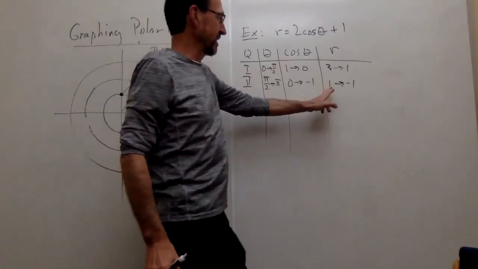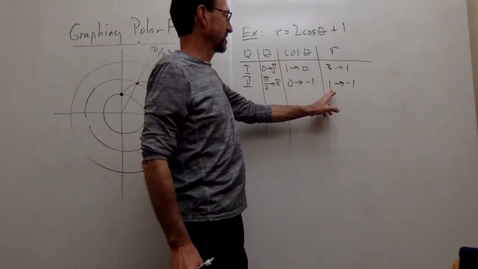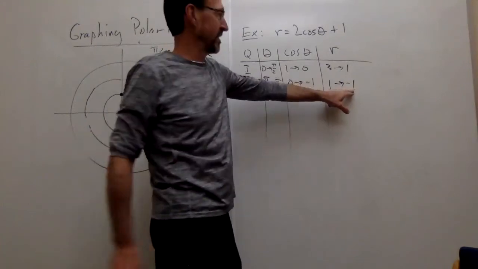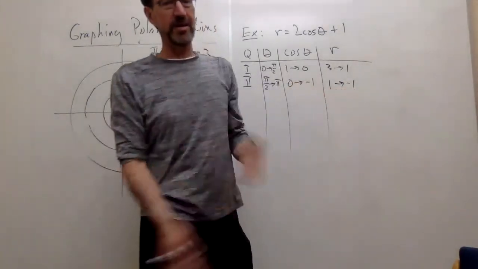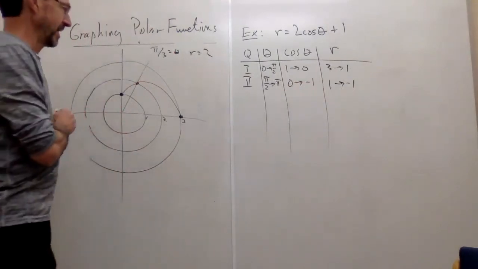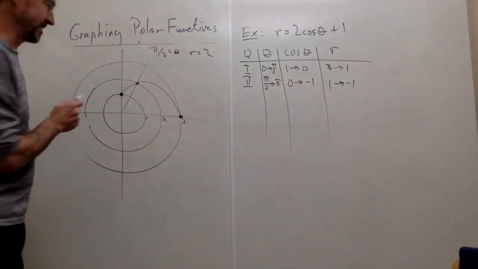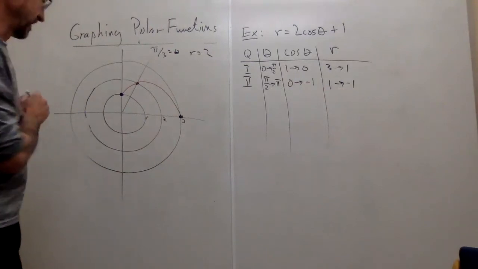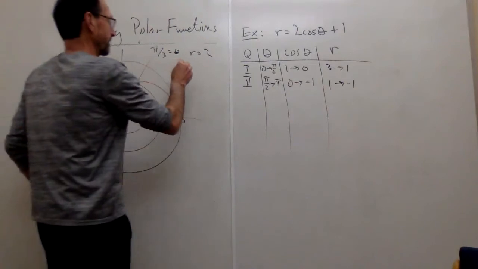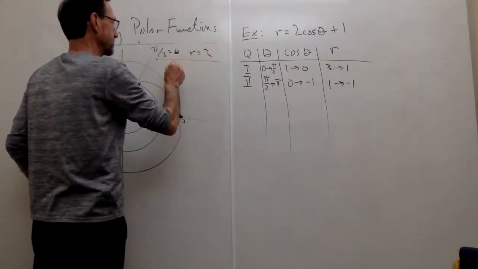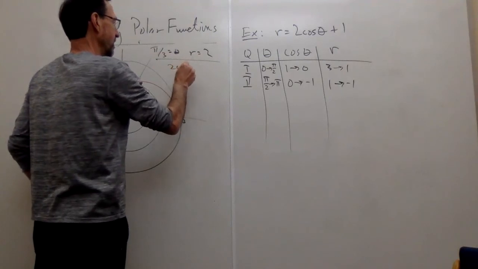And I think it's easy to believe if r starts at 1 in quadrant 2, ends negative, -1, then somewhere in quadrant 2, it passes through the origin, through the pole. And I would like to find out where that happens. It happens when r is 0. That's when the graph is at the pole.